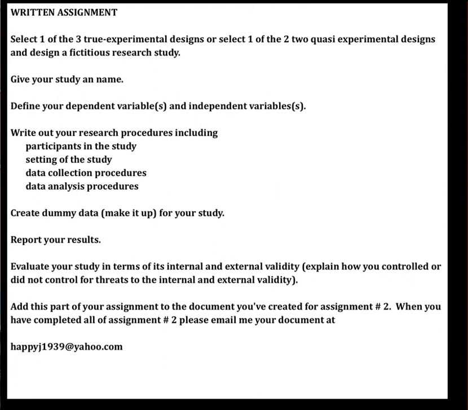Write out your research procedures, including participants in the study, in other words, who are in the study, the setting, where is the study taking place, your theoretical data collection procedures, how you would go about collecting data, your data analysis procedures. Then create some dummy data, just make up data for your study. Report your results, and then evaluate your study in terms of its internal and external validity. Explain how you controlled or did not control for threats to internal and external validity.